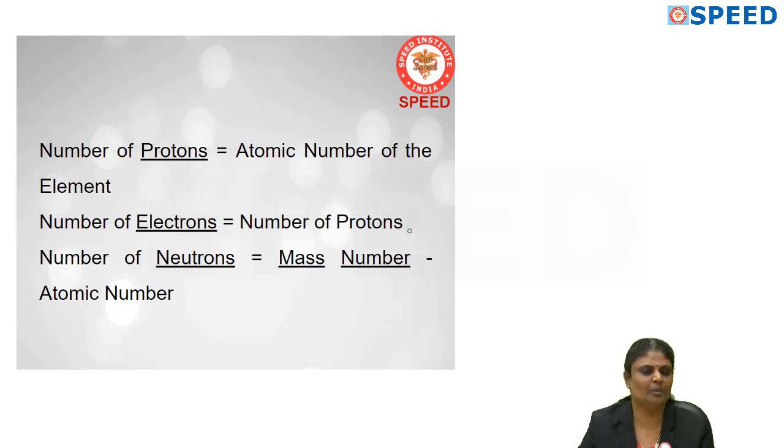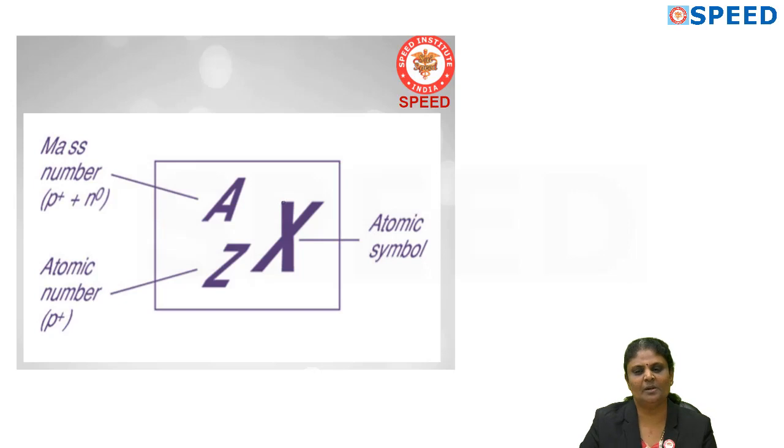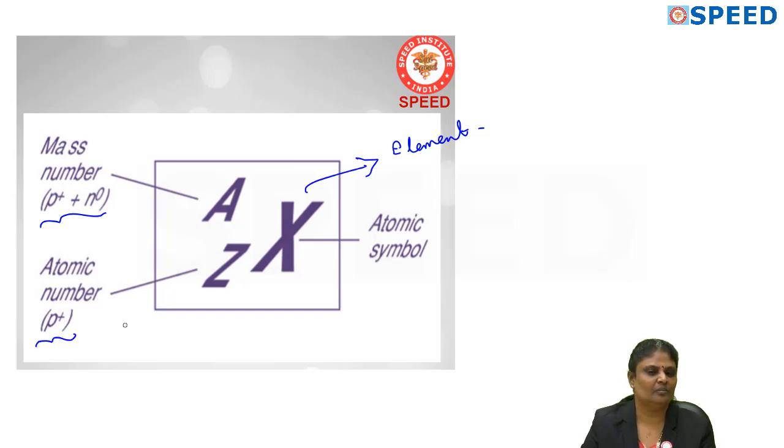The number of neutrons is equal to the mass number minus the atomic number. This is the symbol of the atom or element. This is the mass number, the sum of protons plus neutrons, and this is the atomic number, only protons. So the number of protons is equal to the number of electrons.